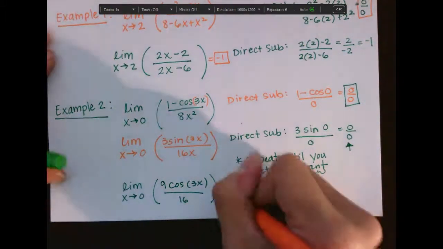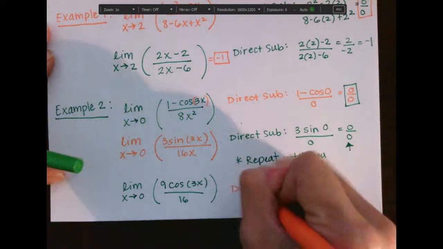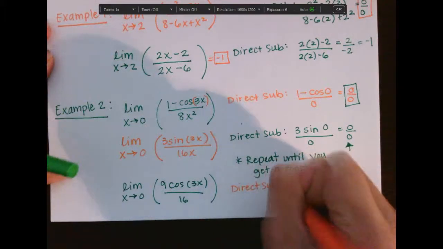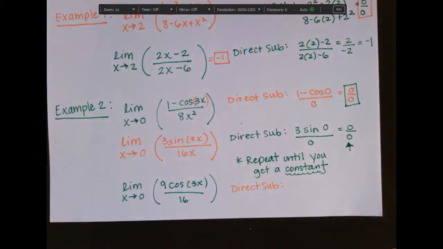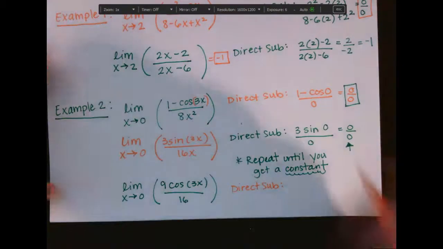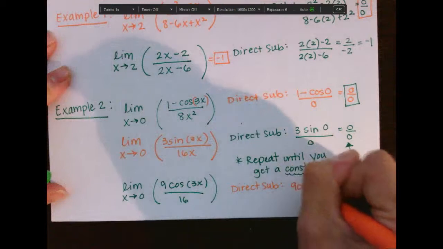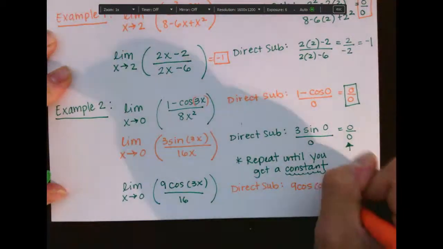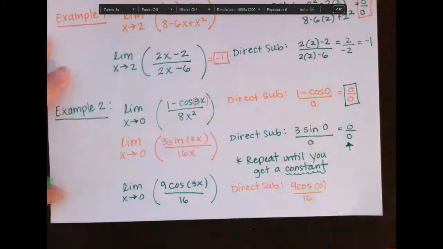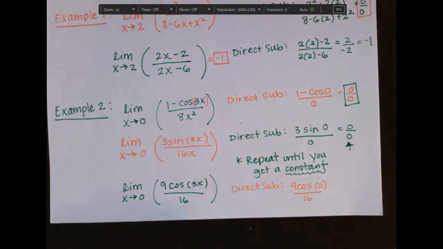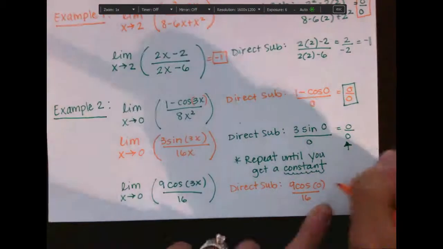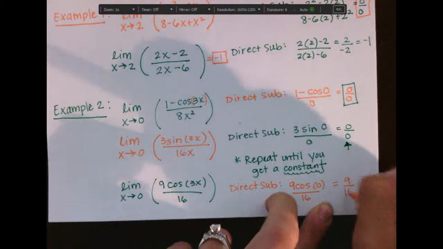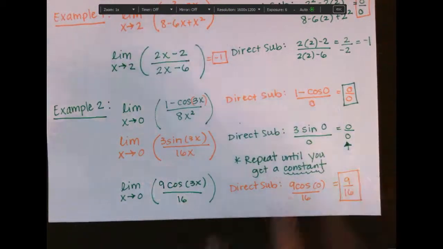That's going to be a big help. That's going to be the key, the clue to letting you know that you're actually going to get a constant answer this time when you use direct substitution. So I'm going to take 9 times the cosine of 3 times 0, which is 0, and divide it by 16. The cosine of 0 is 1, so you get 9 over 16 as the limit of this function.